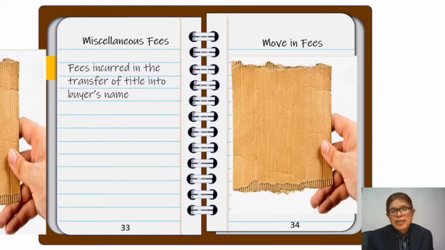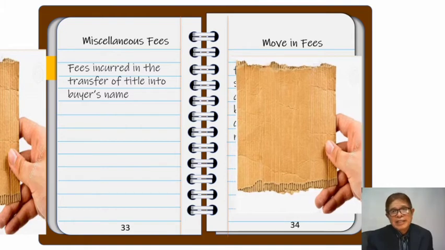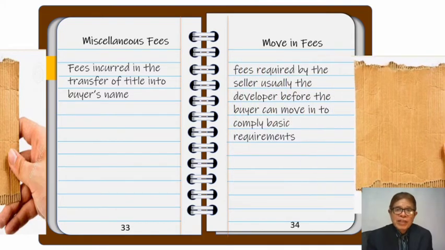How does it differ from move-in fees? Move-in fees are required by the seller or developer before the buyer can move in, to comply with basic requirements, such as payment for water connections, electricity, and insurances.